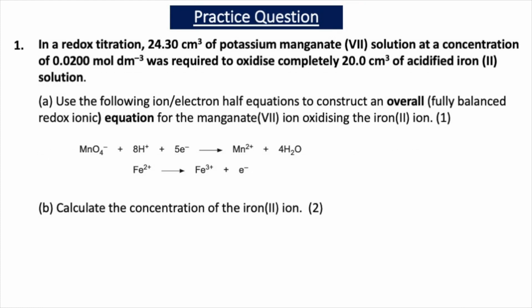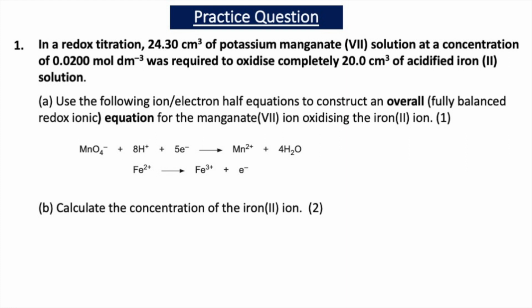Now, when oxidizing agents such as the manganate 7 ion and the dichromate ion oxidize substances, they are themselves reduced. And in our previous video we learned how to write a half equation to show the reduction of these oxidizing agents.